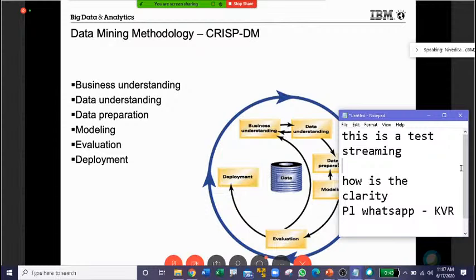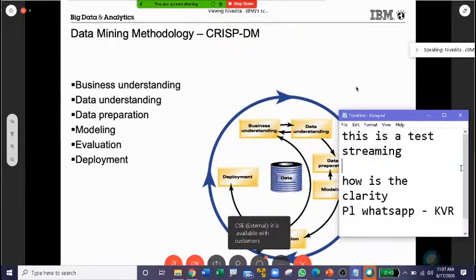We can't create a model on the raw data. Why? Yes, why can't we create a model on raw data? It is unstructured. Error rate is going to be high.